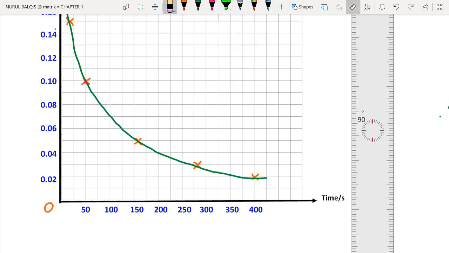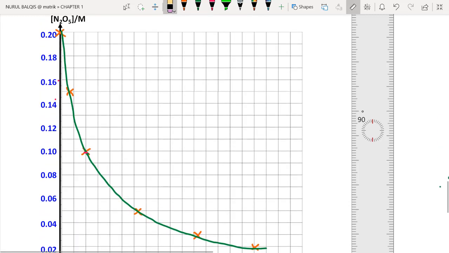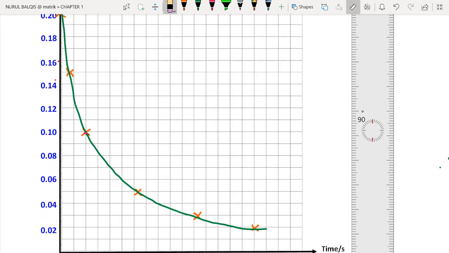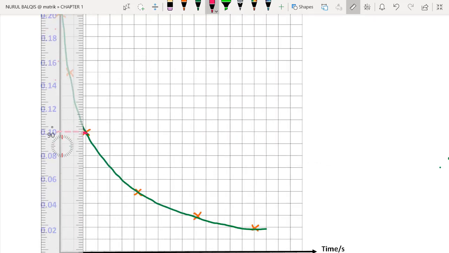So if we reduce the concentration from 0.20 to 0.10, then you're gonna have a point here. So we're gonna look at the time taken here. So we take a ruler to make it more precise.